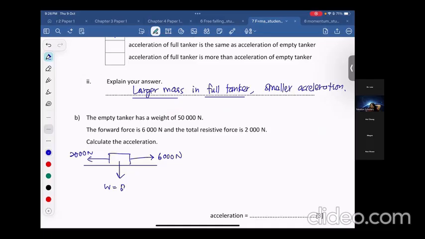Here they're giving you weight, it's not mass, dear. So you have to think how you convert from weight to mass. Still remember the formula for this part? W equals to m what? mg. So the net force that we use is ma.